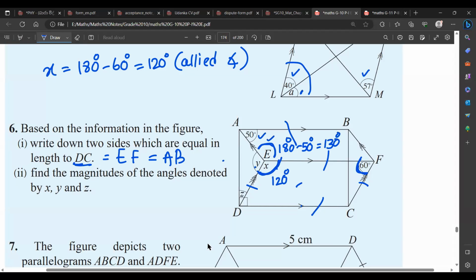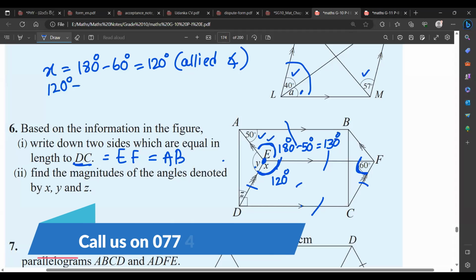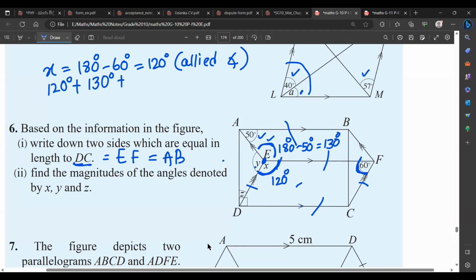These three angles should be equal to 360. Okay, this is a point. Around the point there should be 360. So X 120 plus 130 plus this one Y equals 360.